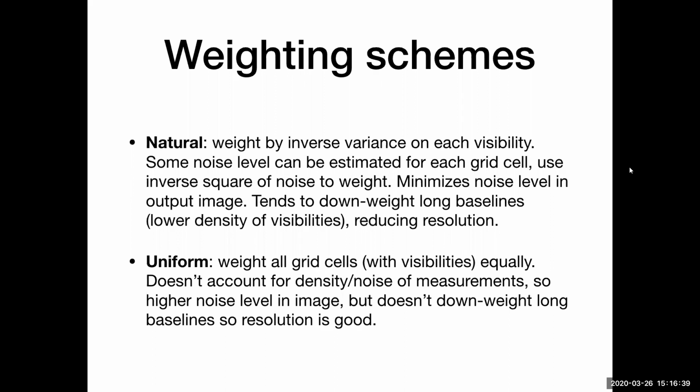Everything is treated equally, so the long baselines get equal treatment to the short ones. You prevent the loss of resolution, but you're also not downweighting noisy measurements, and so you potentially pay for that in the image.